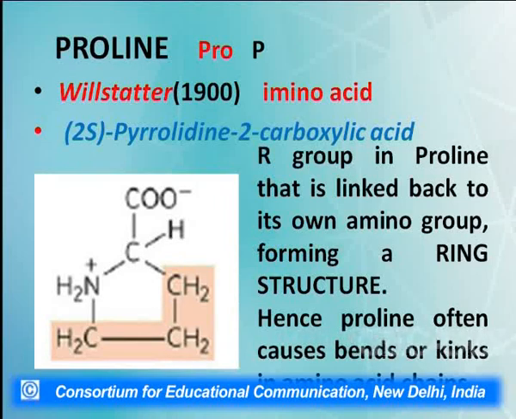It was isolated by Willstatter in 1900, and it has a pyrrolidine structure. In proline, its R group is linked back to its own amino group, as a result of which a ring structure is formed.